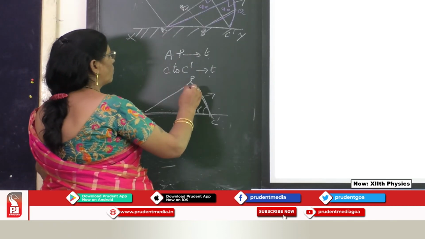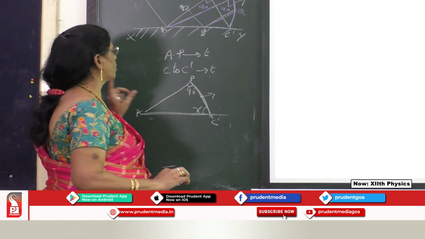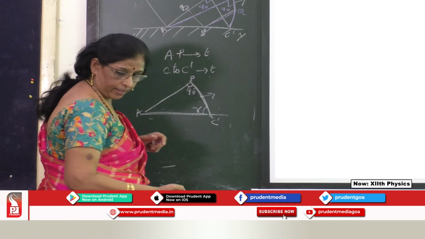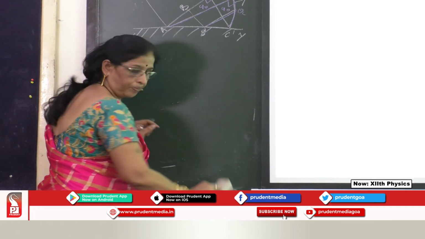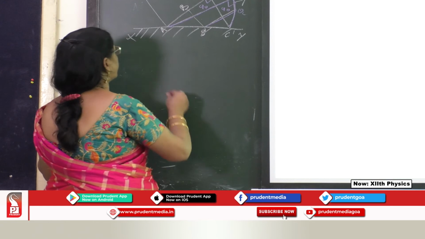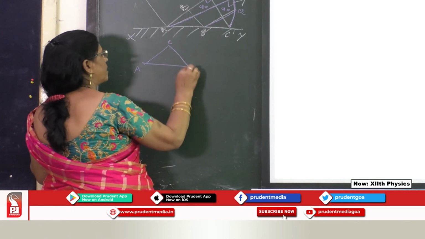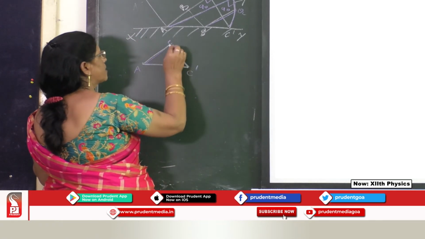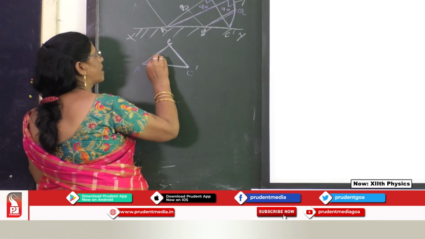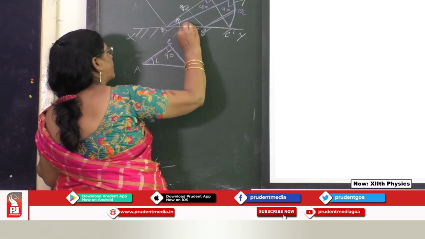Now, I am going to consider two different triangles. The first triangle is ACC dash. First I will consider the triangle ACC dash. This angle is I, this angle is 90 because this is the angle of incidence.